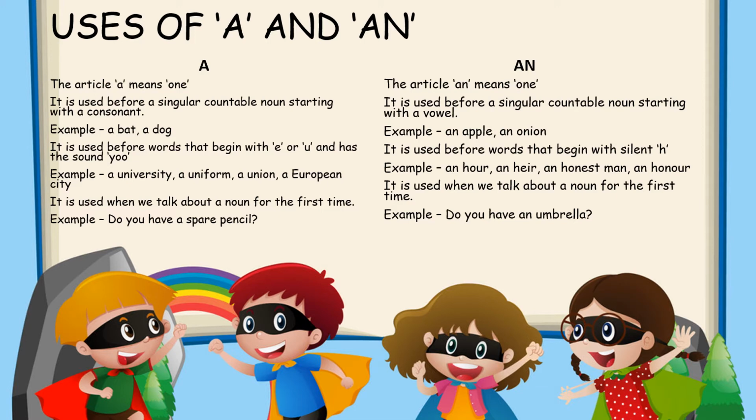The third point is it is used before words that begin with E or U and have the sound Y. So usually with vowels we don't use a, but here there is a special case where words beginning with E or U can take a, if the sound of E or U is the sound of Y. Look at the examples.